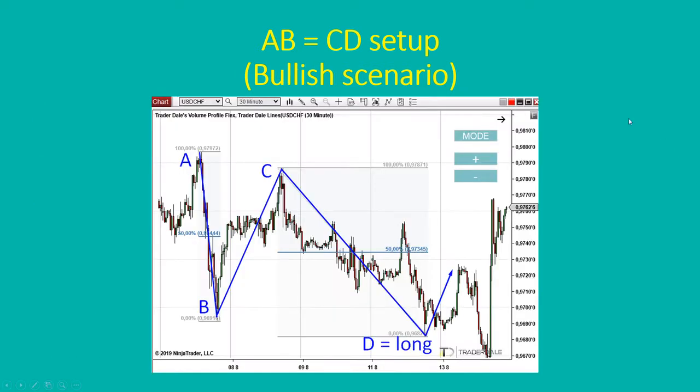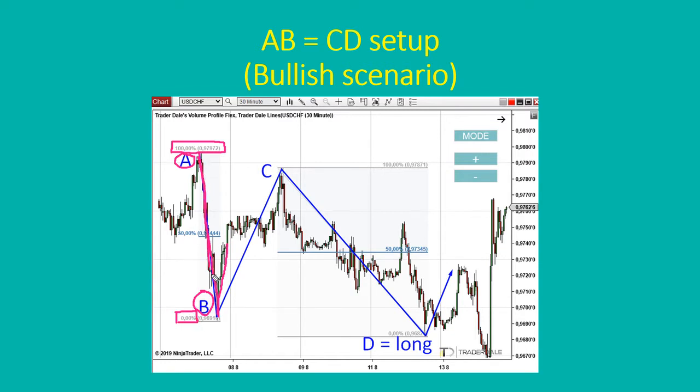Let's now have a look at the bullish scenario. Again, you can see that the chart is moving in a wave-like pattern. This is the point A. As you can see, the Fibonacci tool is showing 100%. Then, another significant swing point in here is the B. This is the 0%.